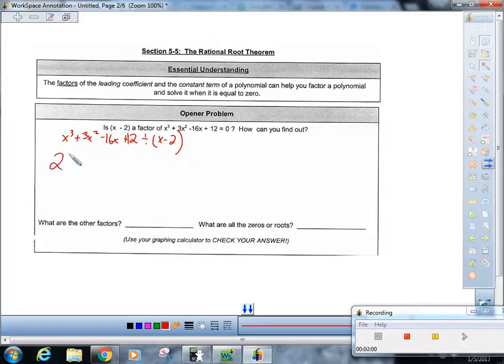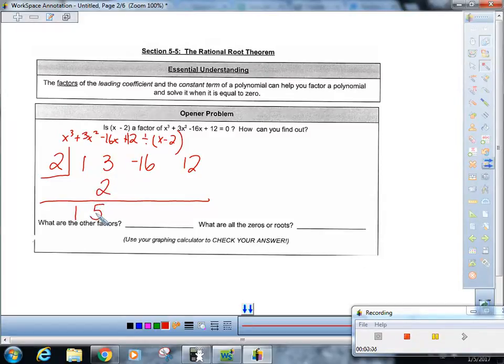Excellent. Flip the sign on the 2. Now write down 1, 3, negative 16, and 12. Give ourselves room and bring down the 1. Do you remember what the process is? Multiply and then add. Excellent.